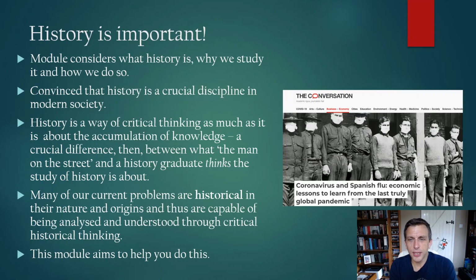It tries to assist you in taking not just historical debates, but contemporary ideas in the modern world, and seeing how they are historically constructed. So this module thinks about history in a slightly different way to some of the histories you might have been exposed to in school, for example.